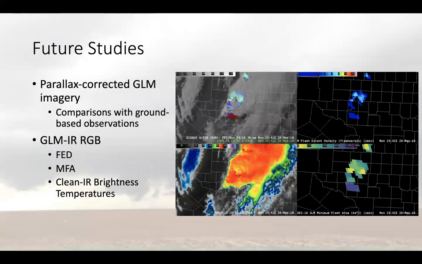Now, from here, where would we like to go? It'd be great to eventually take these observations and use what's now available, which is parallax-corrected GLM imagery, also in GLM tools, and then make comparisons of the GLM data with ground-based observations like radar and other networks. This work also, because of the variables involved, largely supports what's called a GLM infrared RGB product. This RGB product is currently undergoing testing.